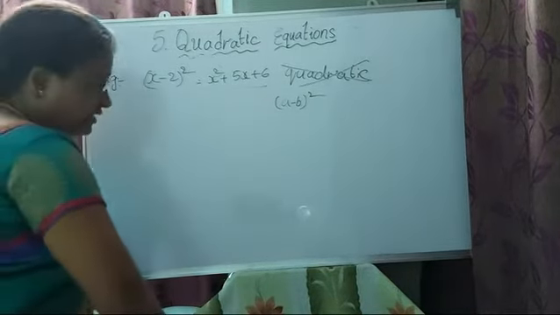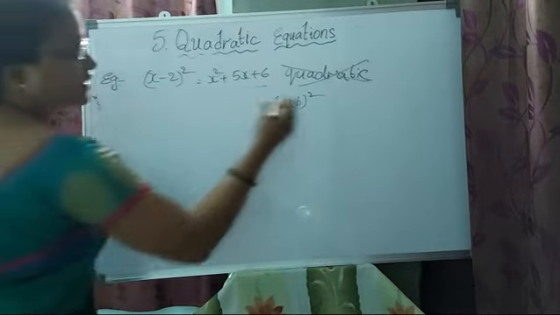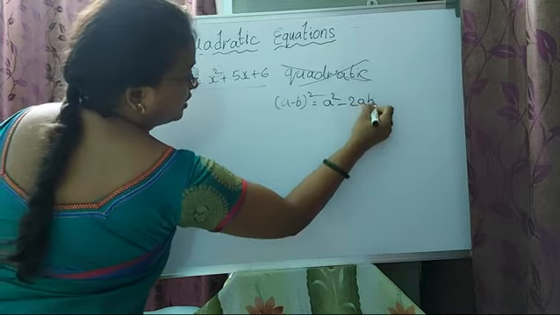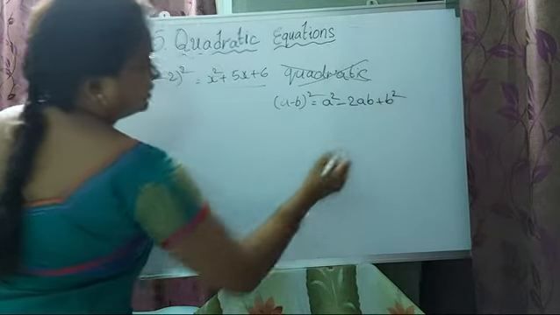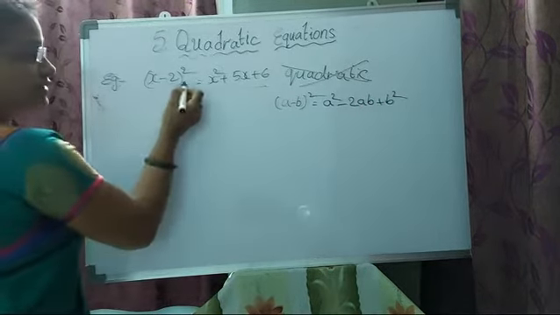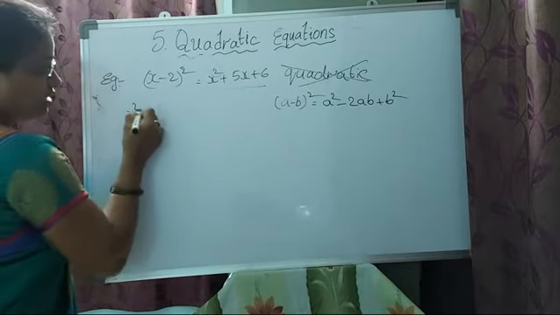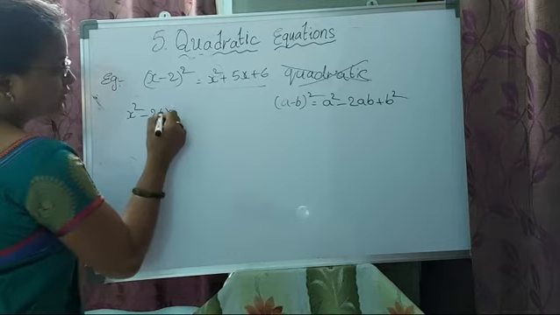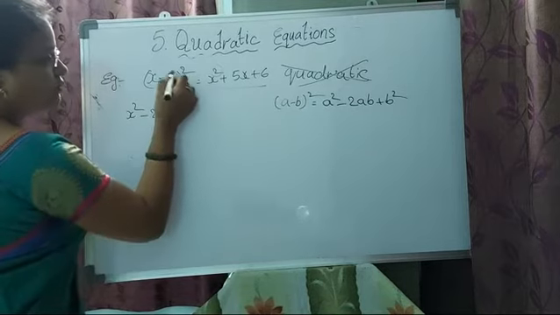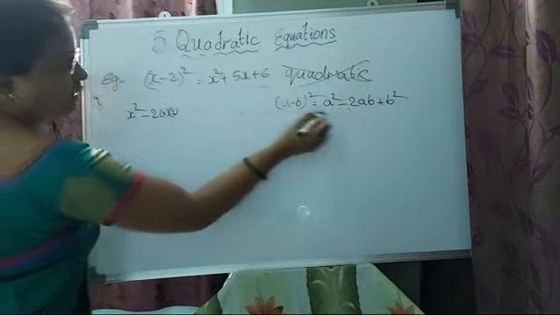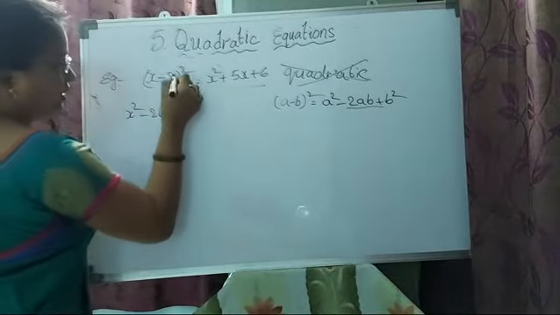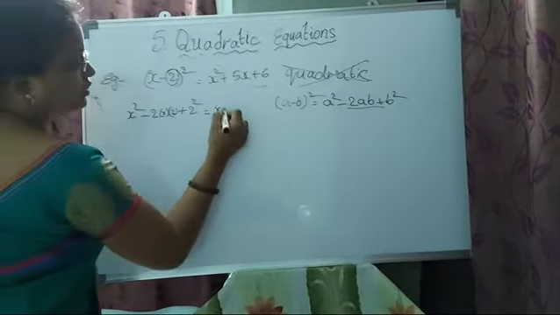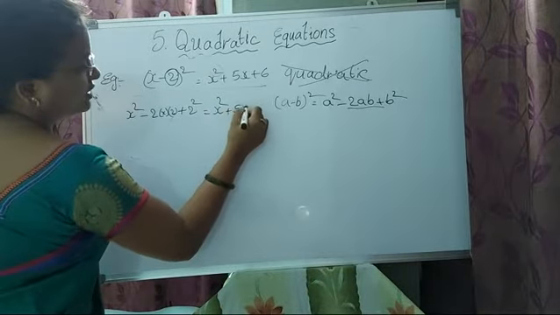How do we write that? A minus b whole square is equal to a square minus 2ab plus b square. So write x square minus 2 into x into 2, plus 2 square, is equal to x square plus 5x plus 6.